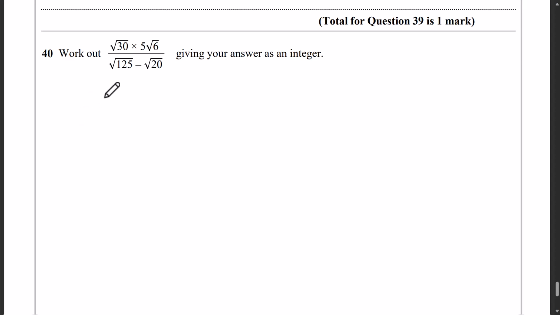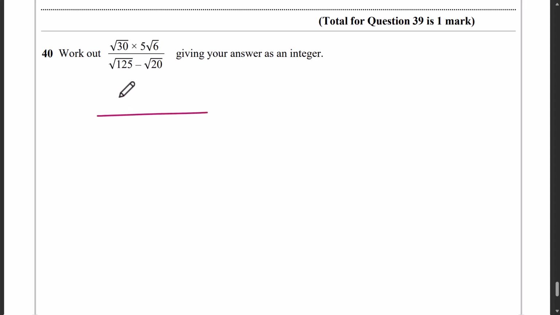I can do it with 30, 2 and 15. Yeah, or 3 and 10. Yeah, or 6 and 5. But I will leave it the way it is. I'll look at it later on.